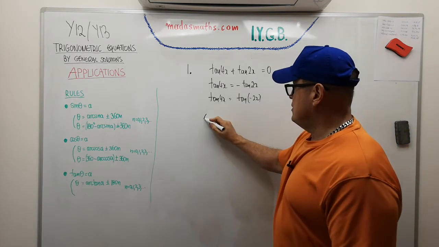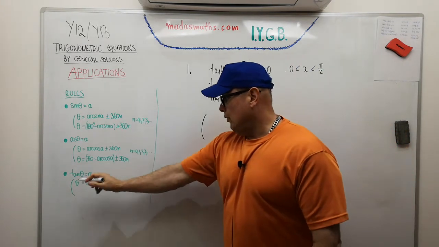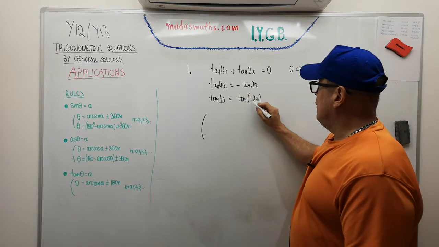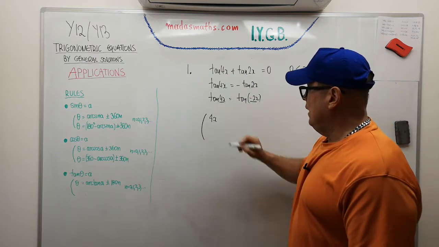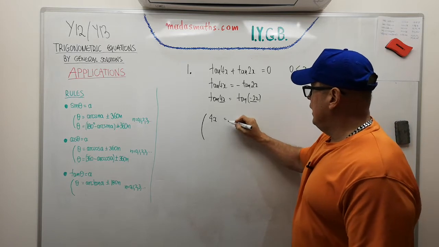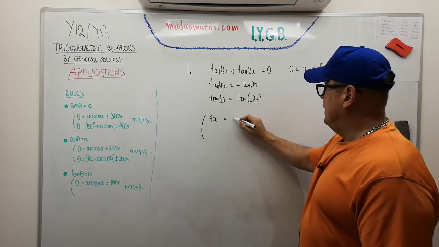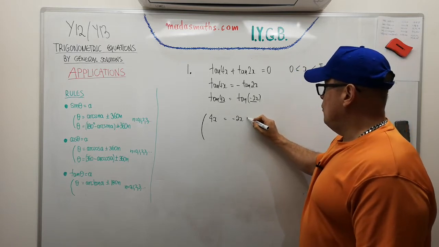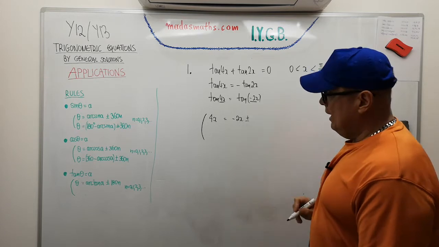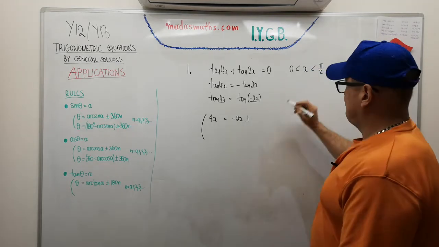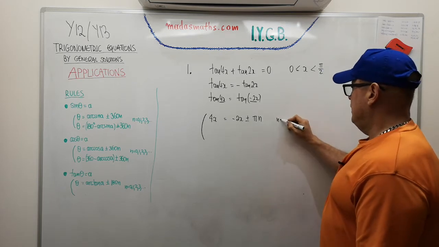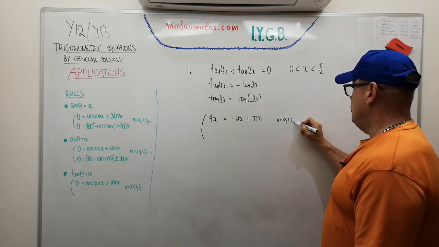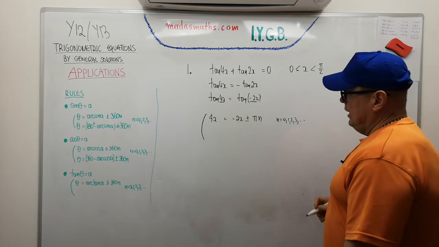And now I set up my general solution. So I'm looking at the 4x and the negative 2x. Only one situation. 4x on this side is equal to negative 2x with repeats of 180. But of course we're in radians again. So that's pi n, n 0, 1, 2, 3, and so on.